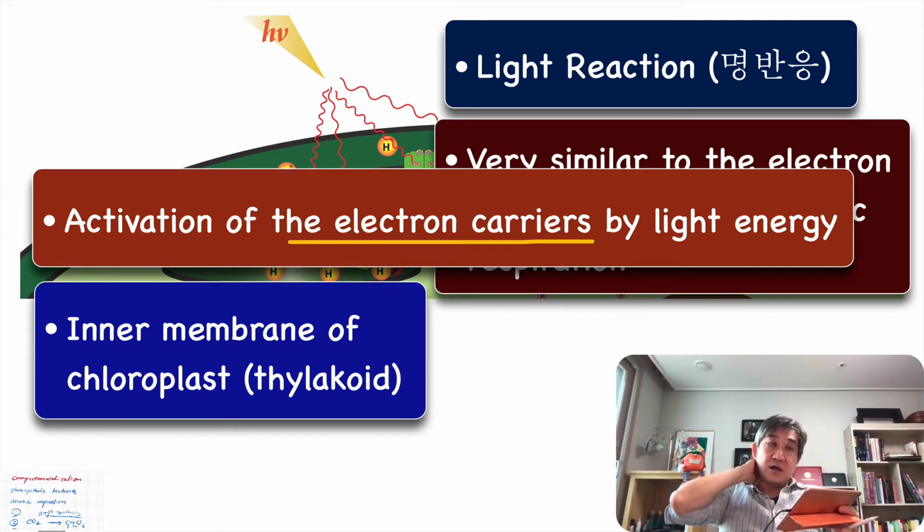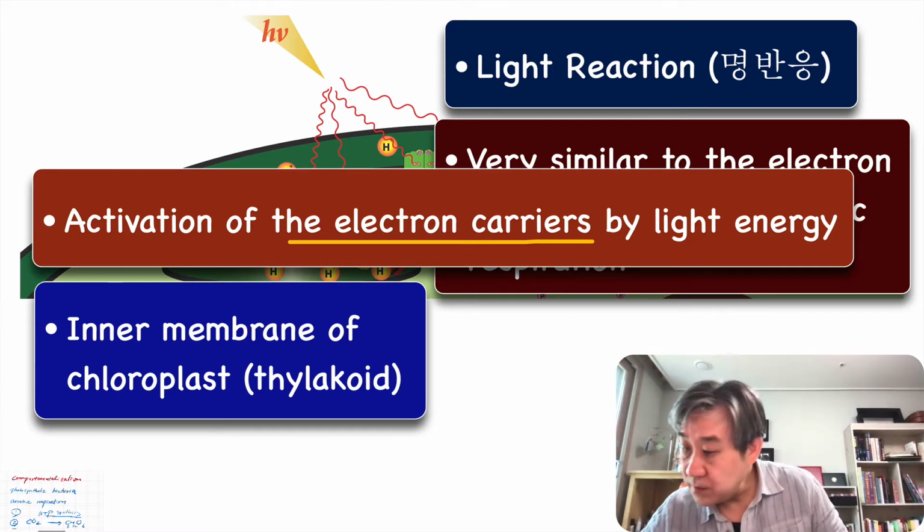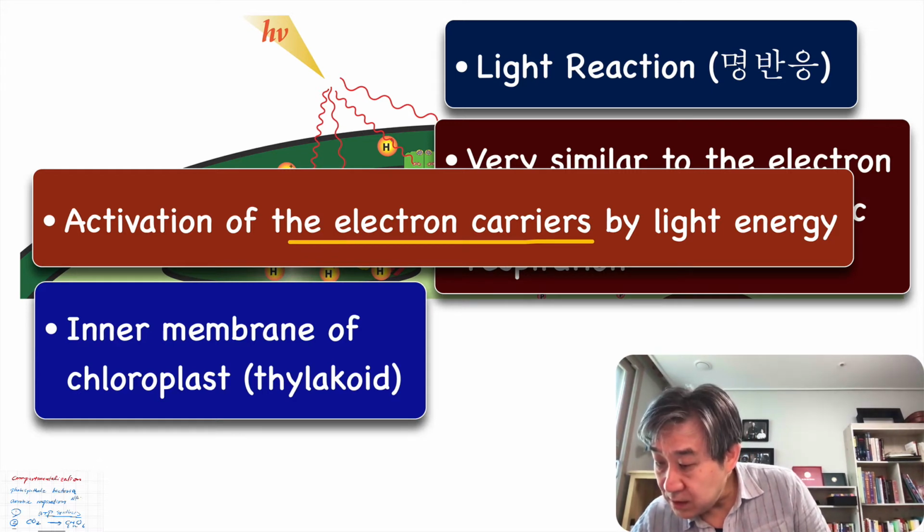However, in the electron transport of aerobic respiration, the final electron receiver that is finally reduced was oxygen. But in this case, one of the electron carriers, NADP, similar to NADH, is the one finally receiving all this electron to become the reduced form, whose name is NADPH.